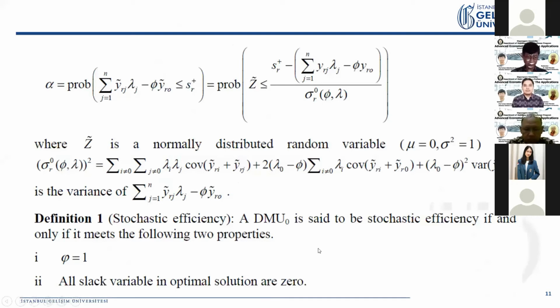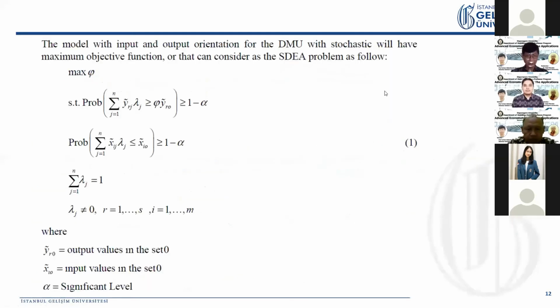The maximum of the profit must be equal to 1, and all slack variables, as I mentioned, must be 0. So you can solve the problem after that, and the model will become like this. This is the basic model for the SDEA, the stochastic data envelopment analysis.